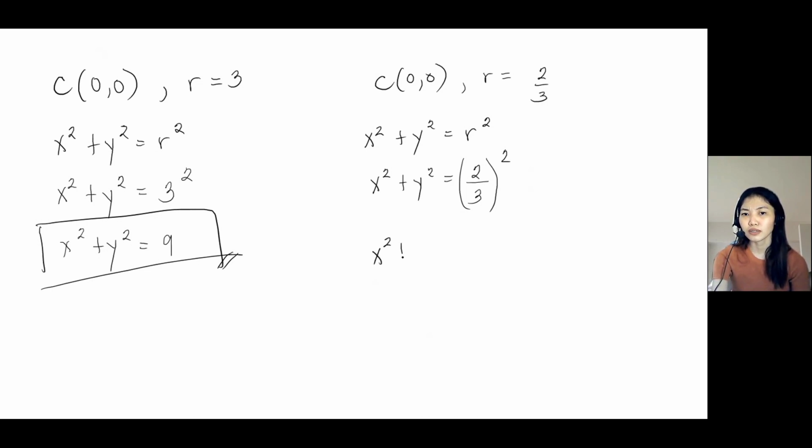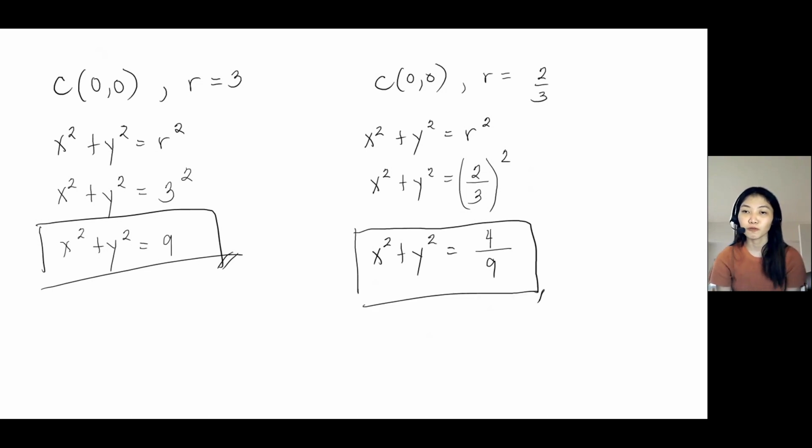Just copy x squared plus y squared. 2 squared is 4, over 3 squared is 9. So now the equation of the circle is x squared plus y squared is equal to 4 over 9.